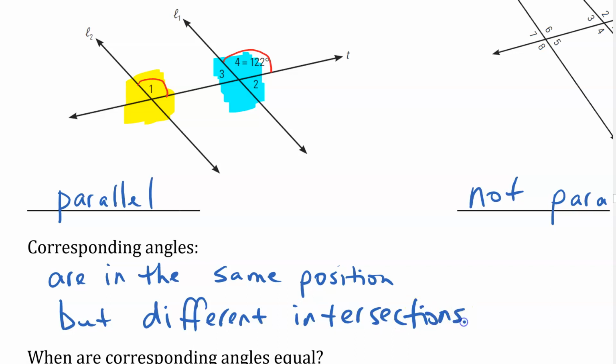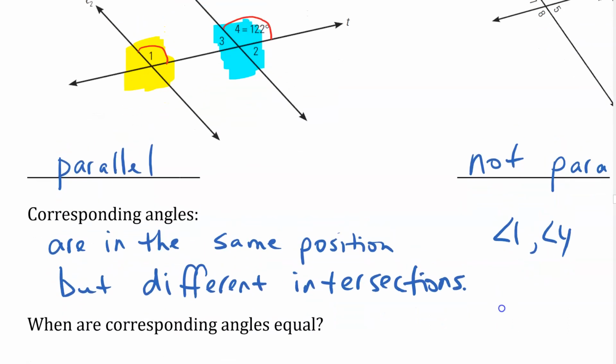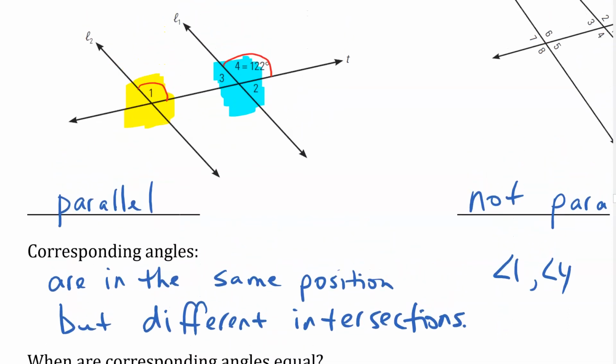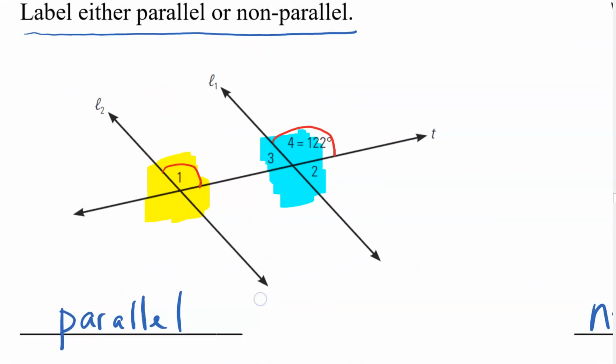So for example, angle 1 and angle 4 are corresponding. Okay, so let's take a look at these, angle 1 and angle 4. Do those look like they're about the same angle? I think they do, don't they?